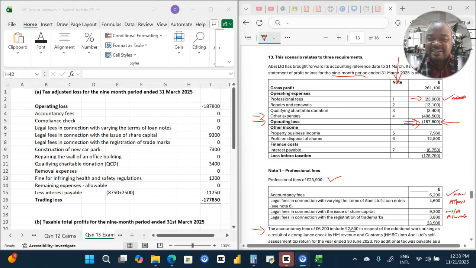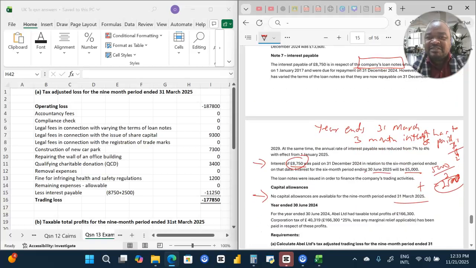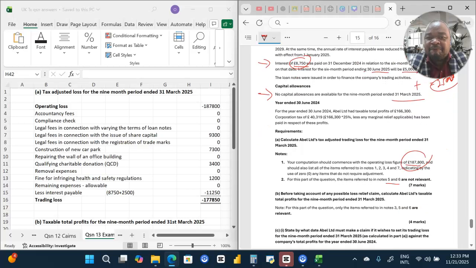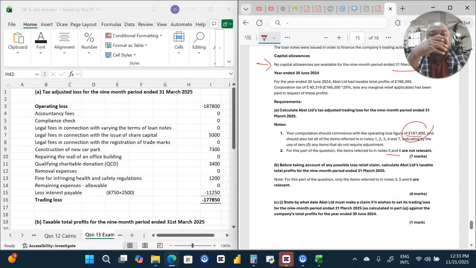And do we have anything on part B that warrants discussion? Part B is saying, before taking account of any possible loss relief claim, calculate Abio Limited's taxable total profits for the 9-month period ended 31 March 2025.